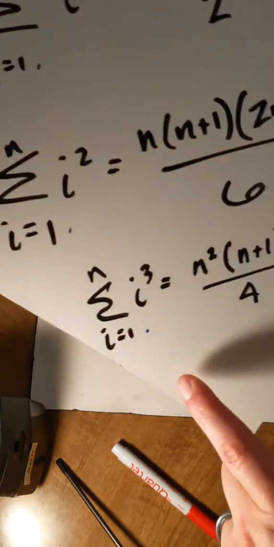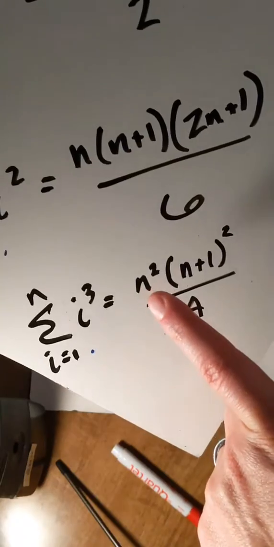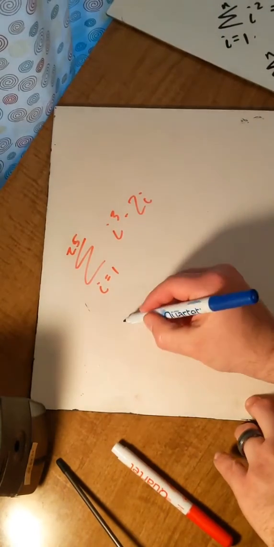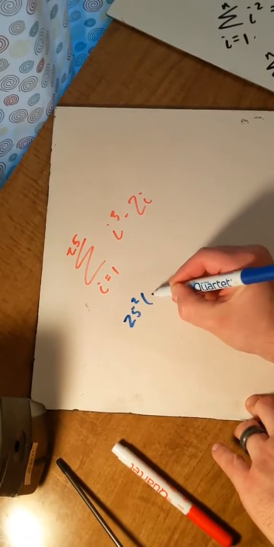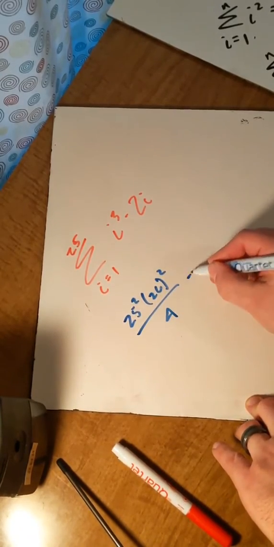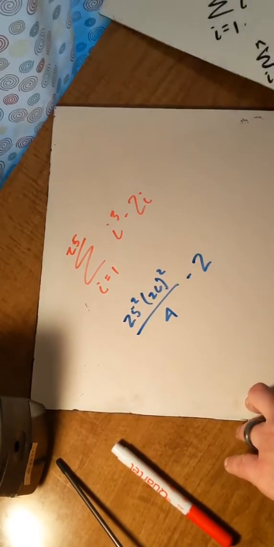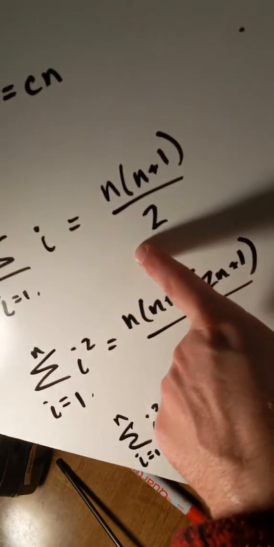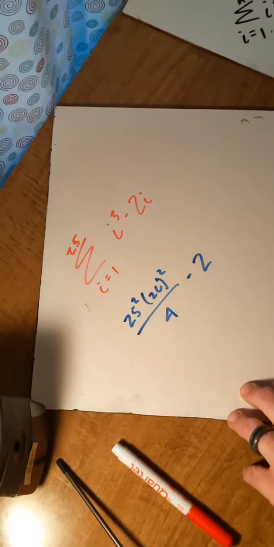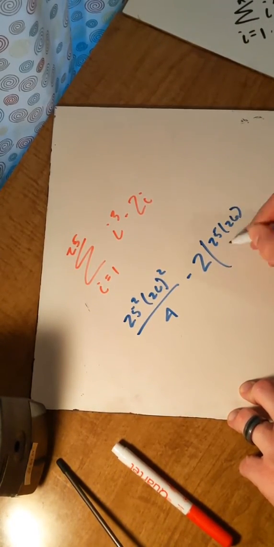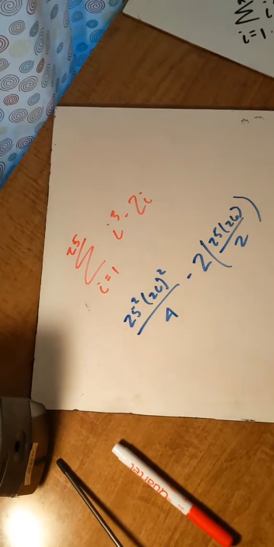Okay, so we got i cubed, which will be n squared times n plus 1 squared over 4. So that's going to be 25 squared times 26 squared over 4, minus 2 times the sum of i, which is n times n plus 1 over 2, so 25 times 26 divided by 2.